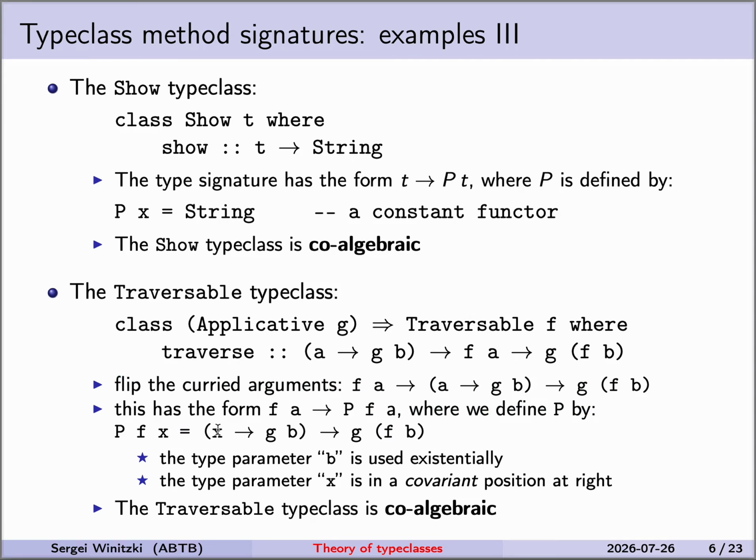This is not a problem. It doesn't matter if it's existential there or not. What matters is that pf is covariant in f, and it is. F here is in a covariant position, and it is also covariant in x, so there's no issue. And so we conclude that the traversable type class is co-algebraic.